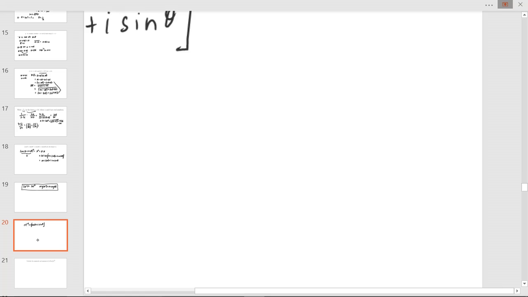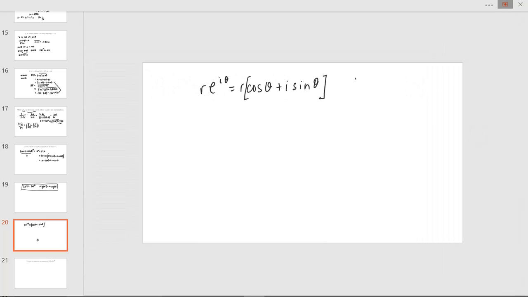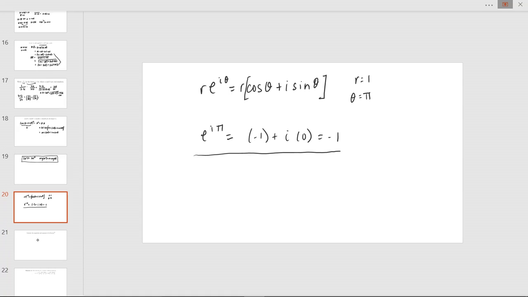In particular, if we set r equal to 1 and theta equal to pi, we have e to the i pi equal to cosine of pi, which is -1, plus i times sine of pi, which is 0. We have e to the i pi is equal to -1. It relates many important quantities in mathematics. So writing complex numbers in this form, r times e to the i theta, our results from De Moivre's theorem are trivial.